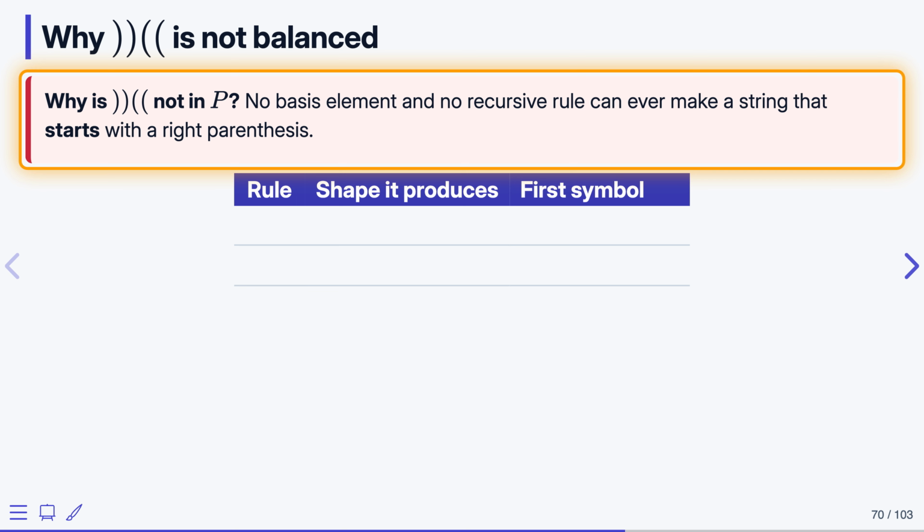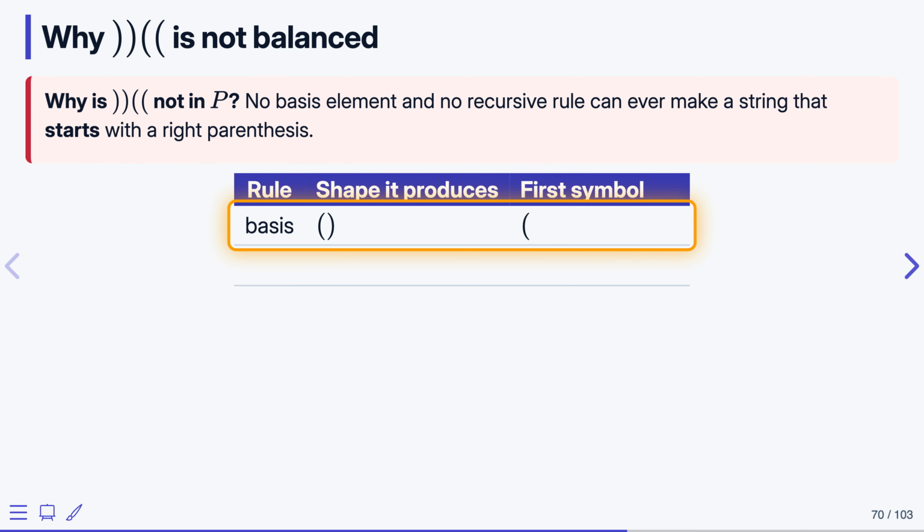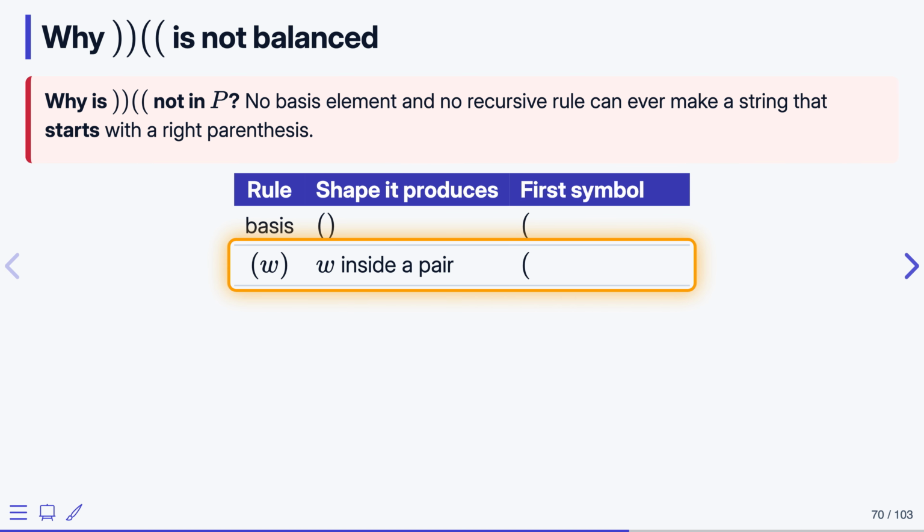Now think about the string close, close, open, open. Why can it never be in P? Let's check every rule and ask what the first symbol can be. The basis gives one pair. Its first symbol is an open parenthesis. The first rule wraps W inside a pair, so the string starts with an open parenthesis again.